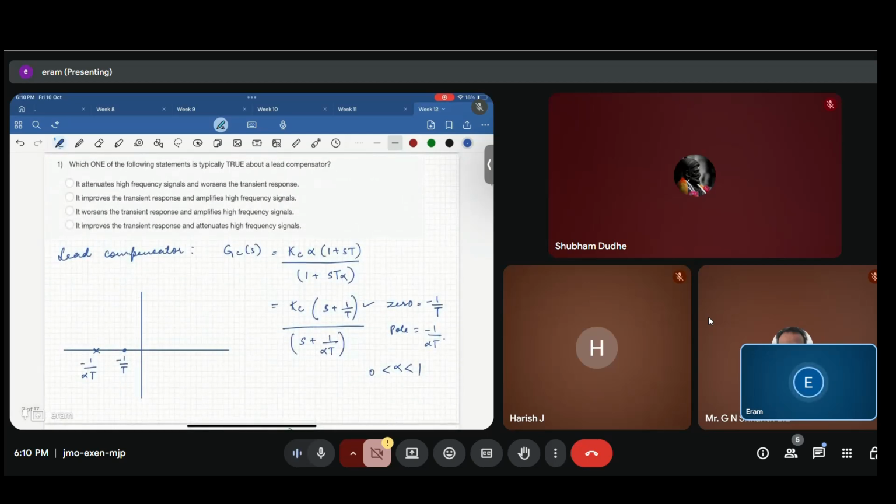So now based on that, can you identify which response is correct? As far as amplification is concerned, which frequency do you think it will amplify? Low frequency signals or high frequency signals?